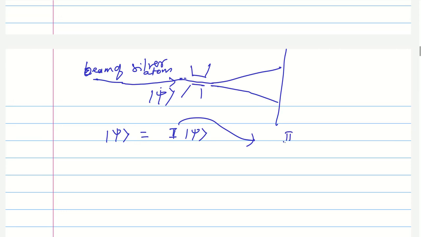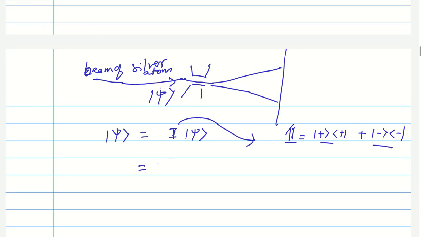So this is your identity operator. This is an identity operator. So it will be either in a plus state or it will be in a minus state. Since there are only two possibilities, so you have taken the two sum.